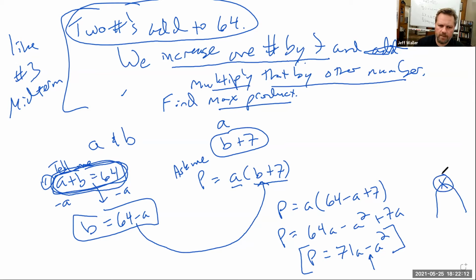How do I locate that maximum? What's another name for the maximum of a down parabola? What's another name for this point? Starts with a V. Vertex. Do you guys remember how to find the vertex of a parabola? What the shortcut is for that?